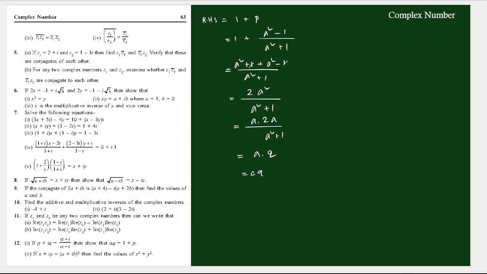So we have got alpha q. So hence alpha q equals 1 plus p.